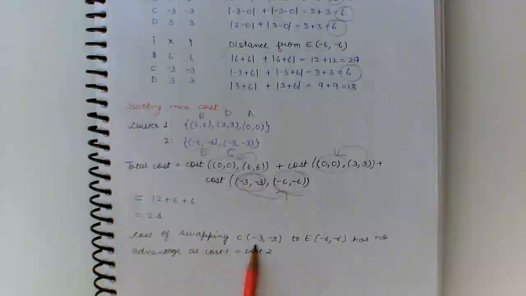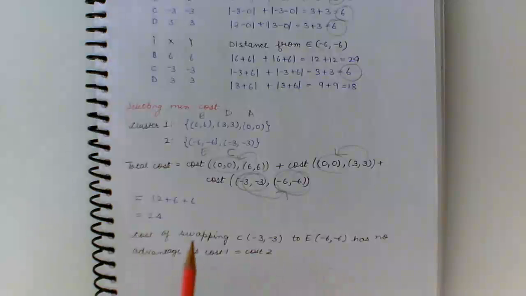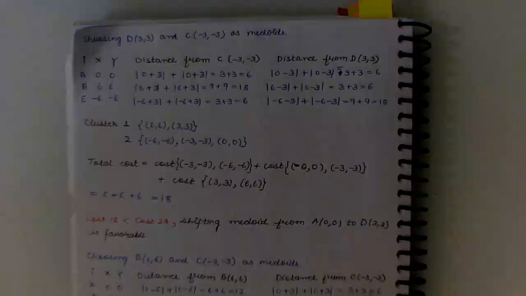This is the medoid and this is the element. So cost becomes 12 plus 6 plus 6, that is 24. So swapping C (-3, 3) and E (-6, 6) has no advantage, as the cost calculated in this step and the previous step is the same. Both of them are equal.